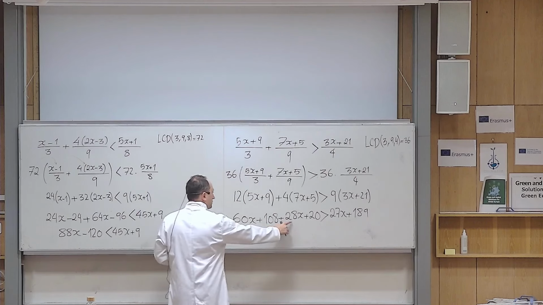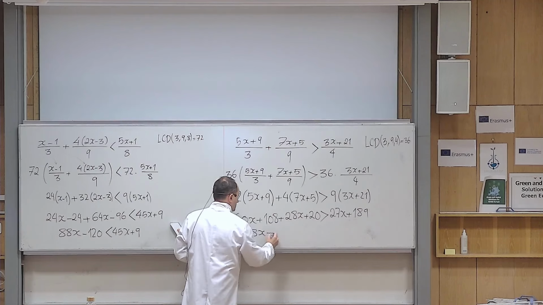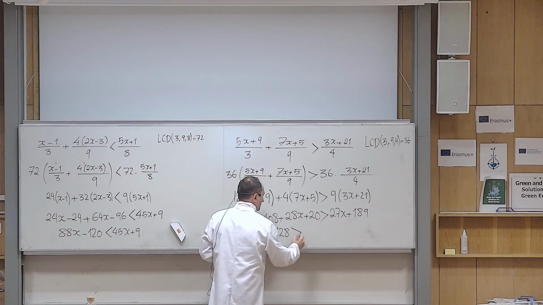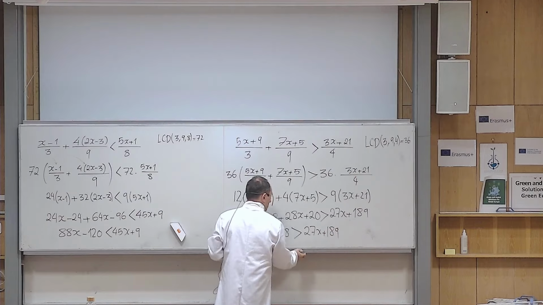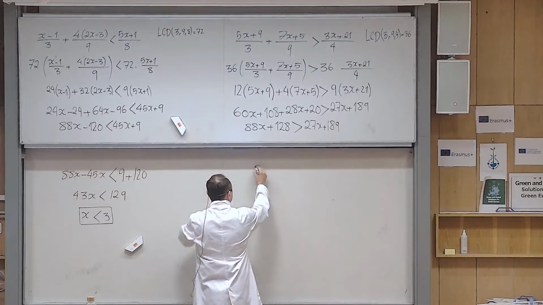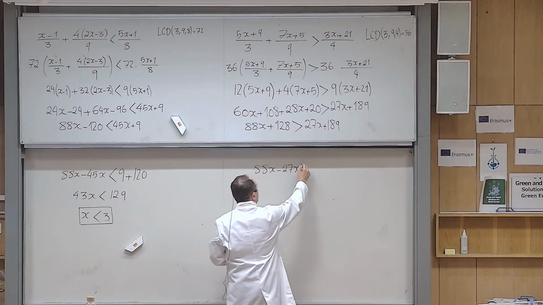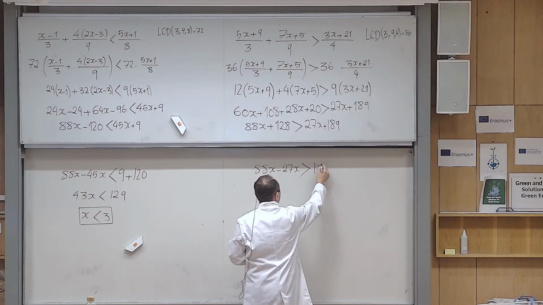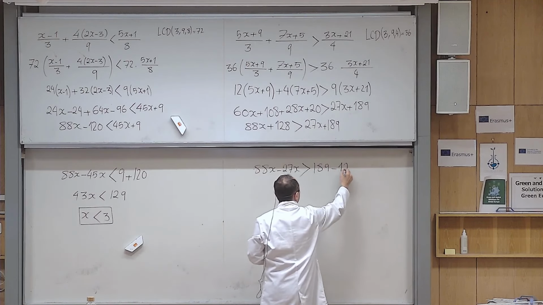So these two become 88x, these two become 128, and then there I just copy and paste the right-hand side for the time being. And then I go one step forward, I move this to the other side, so 88x minus 27x is greater than 189, and I also move this to the other side, changing the sign.